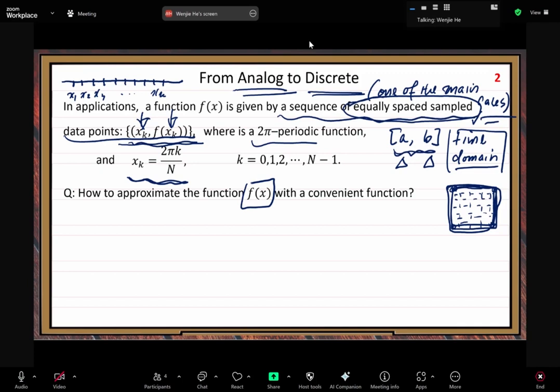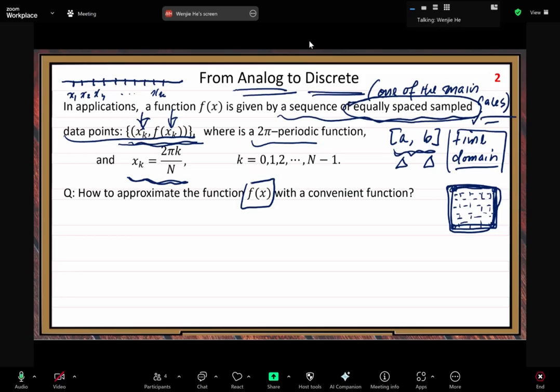But in order to apply our mathematical tools, we like to have a function to work on, right? With data points, how do we apply our mathematical tools? It's hard.